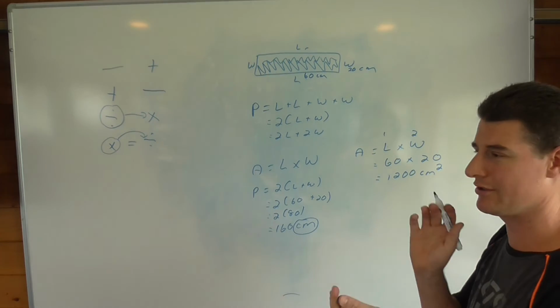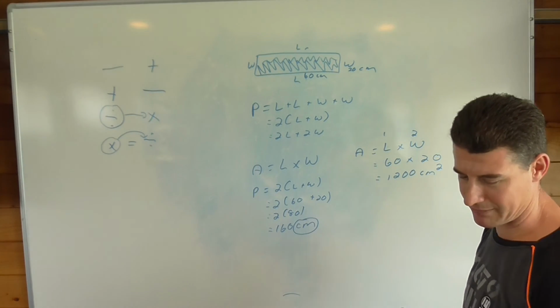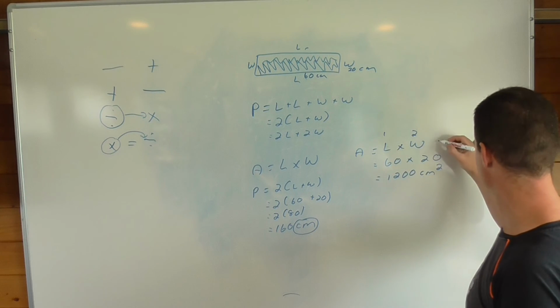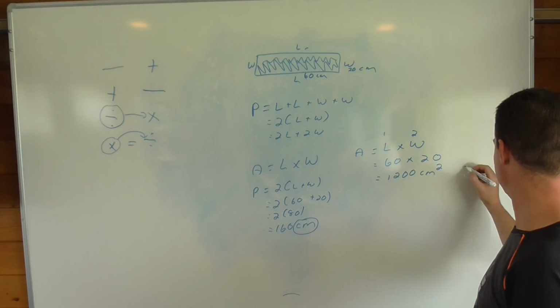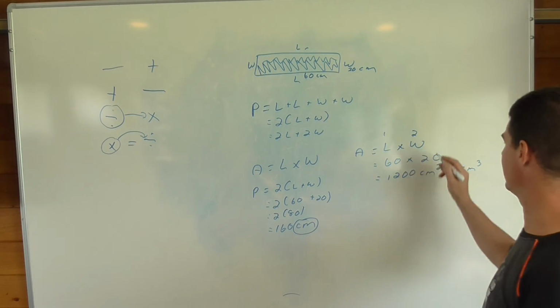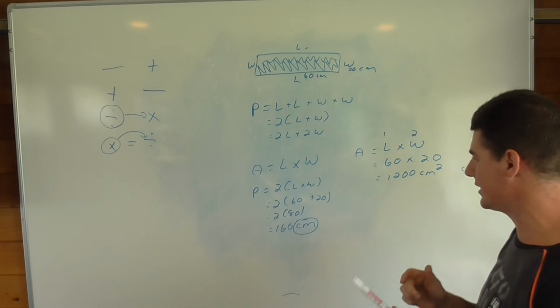If one of the other formulas we'll be talking about later is length times width times height, that's cubic. That'll be centimeters cubed, because you multiply it with 3 things. But we'll be getting to that one a bit later.